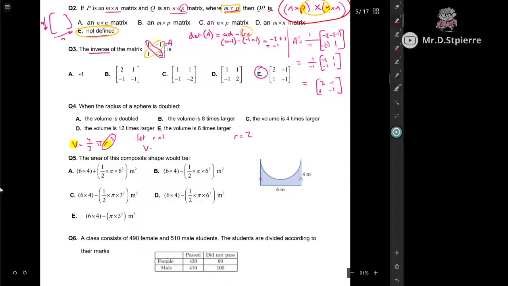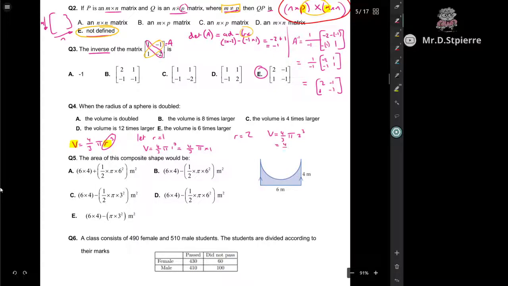So my volume will equal 4 on 3 pi 1 cubed, which gives me 4 on 3 times by pi times by 1. Okay, 1 cubed is still 1. What happens if I do that to let the radius equal to 2? Volume is equal to 4 on 3 pi 2 cubed.